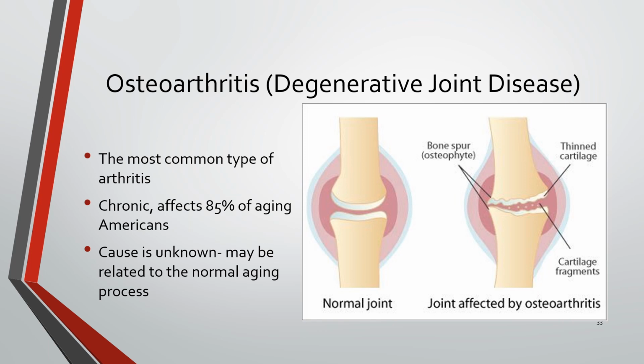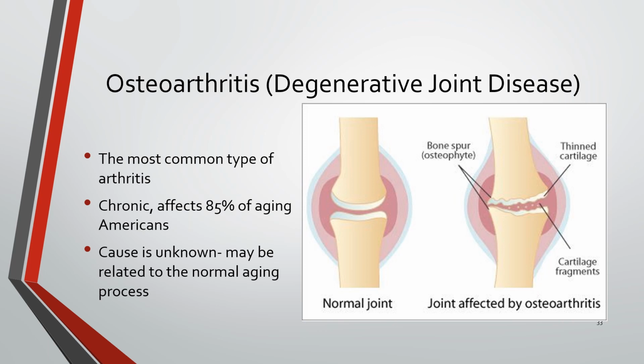Two types of arthritis that we'll briefly talk about in this class. Osteoarthritis is a degenerative joint disease. It's the most common type of arthritis, and it's a chronic disease, so it's long-term in nature. And it actually affects 85% of aging Americans, which is crazy.